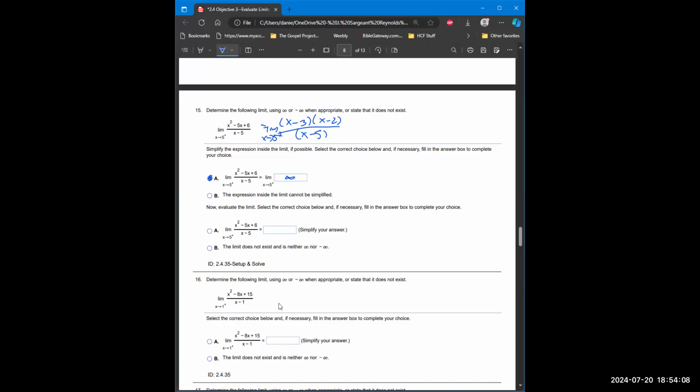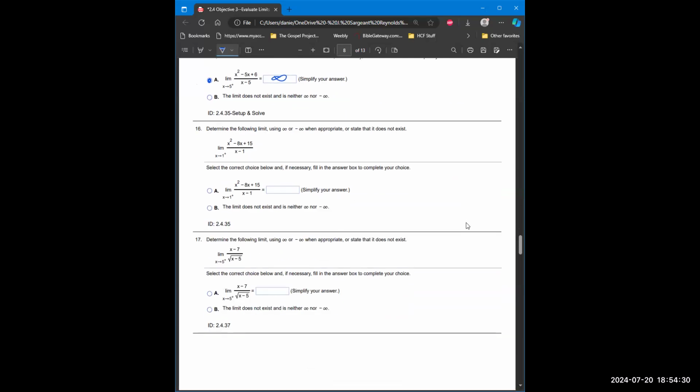Oh, the expression inside can't be simplified anymore, really. So that's positive infinity. I can break it down like that, but that's not simplified because nothing cancels out. So let's see the next one.